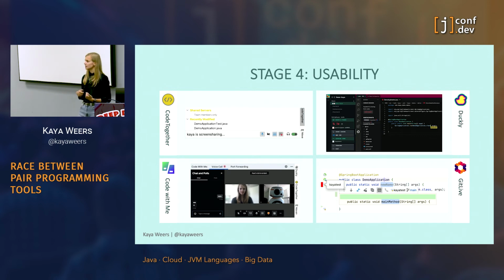Then for Duckly and Git Live, they offer all the options you normally have. But there's a downside. The refactoring will only happen within the file you're in. So for example, if you rename a local variable, it works just fine, because it will change everything in the file.